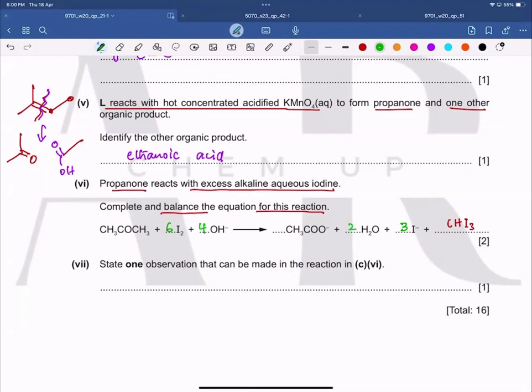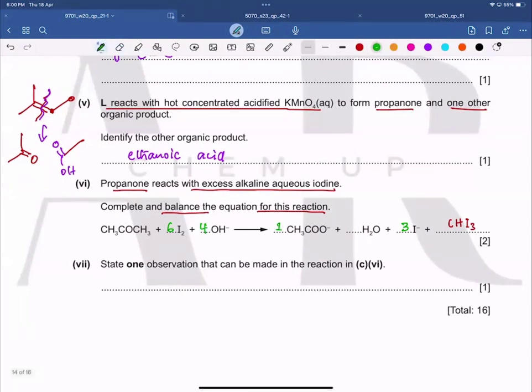I think 2 over here. One minute, let me check. It's going to be 1. 4 hydrogens are over here. It's going to be 3. Yes, 6 hydrogens. 3 hydrogens are over here, 6 hydrogens are over here, and 1 hydrogen is over here. So how many hydrogens? 3 and 3, 6. 6 and 4, 10.